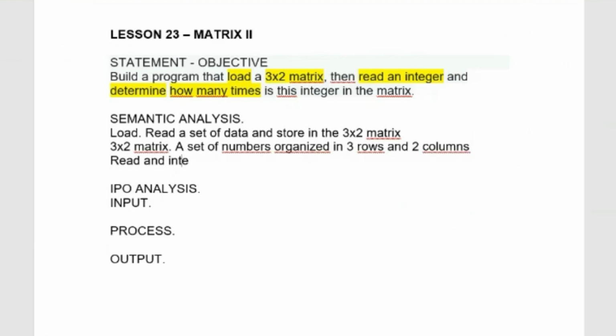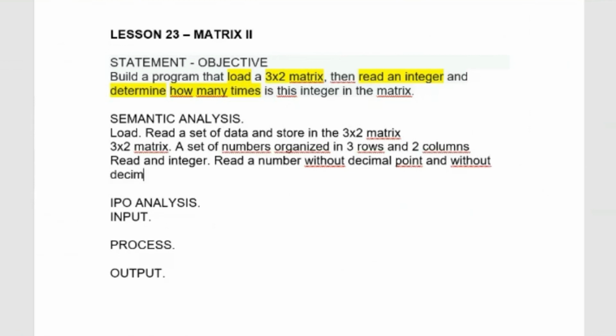Read an integer means read a number without decimal point and without, of course, decimals.